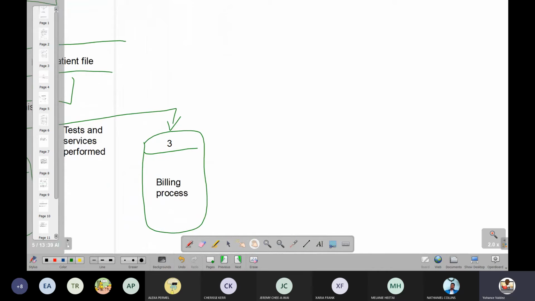So we have our accounting file here. All right, so this is D2, and this is the accounting file. And what do we do with the accounting file?